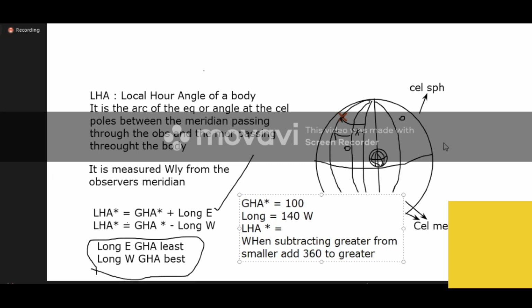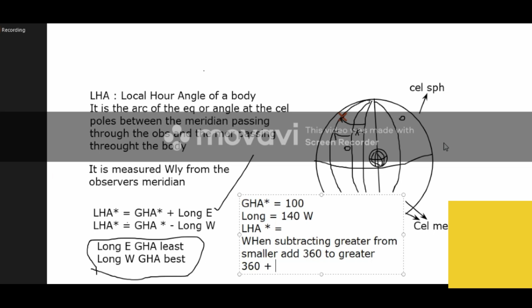So it will be 360 plus 100 minus 140. That would be the LHA. Because I cannot subtract 140 from 100. But GHA best, so I have to subtract, then add 360. So in short 460 minus 140 is equal to कितना आया? 320. So LHA 320.